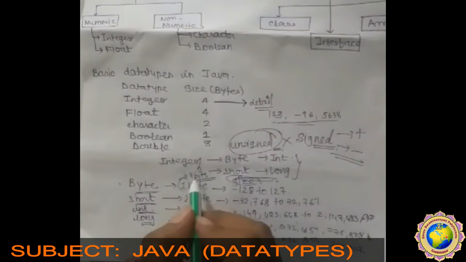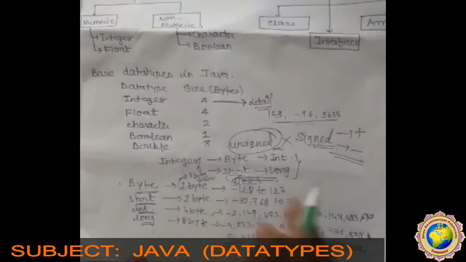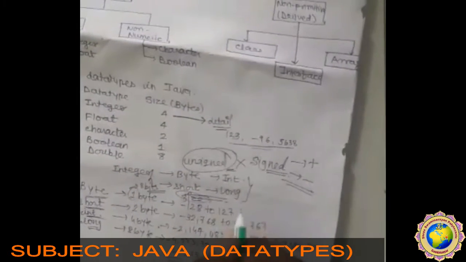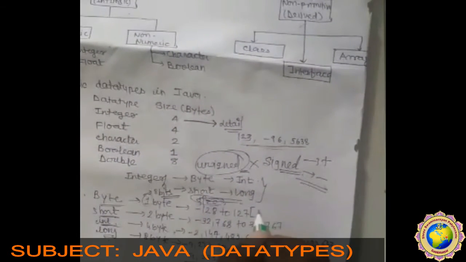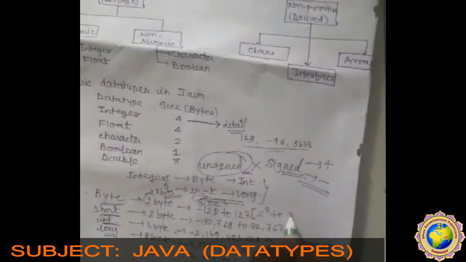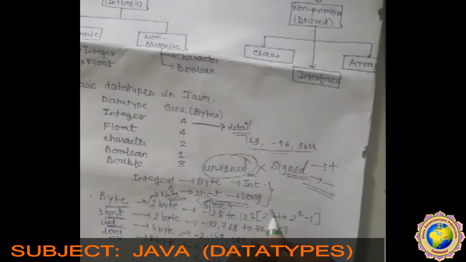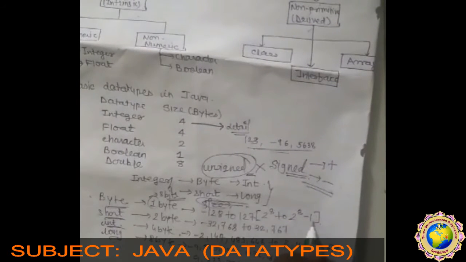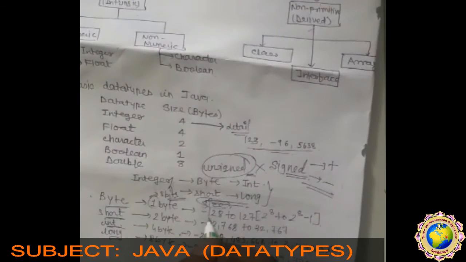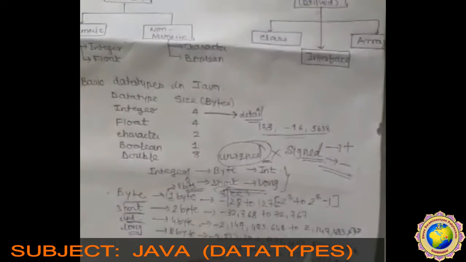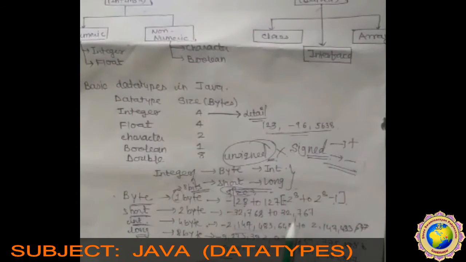So you write it like minus 2 raised to 7 to 2 raised to 7 minus 1. 2 raised to 7 means 128, to 2 raised to 7 minus 1, that is 127. That will be easy to remember.